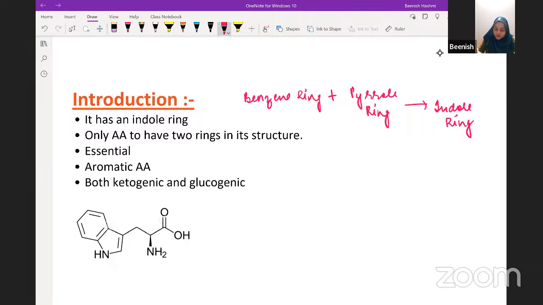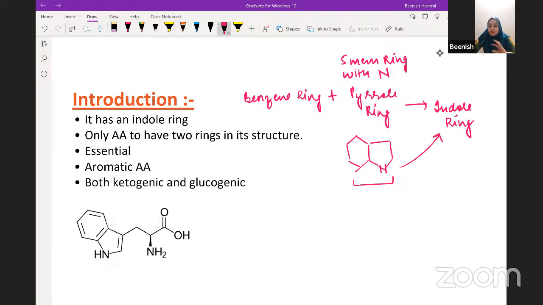It is a five-membered ring with nitrogen. So this is a benzene ring, and when this benzene ring is fused with a five-membered pyrrole ring like this, it forms what is known as your indole ring.